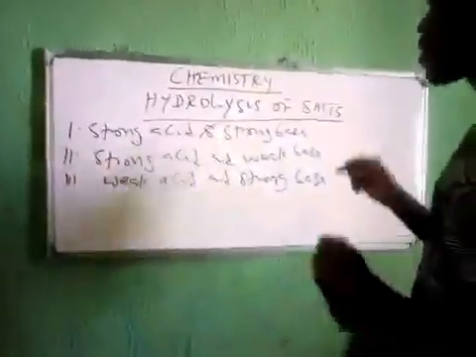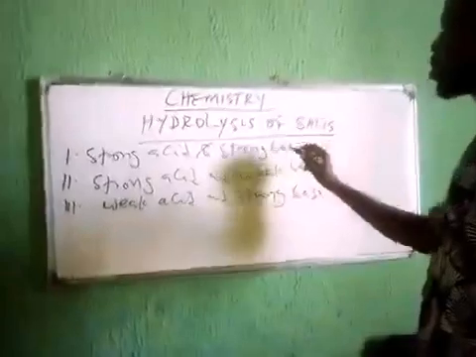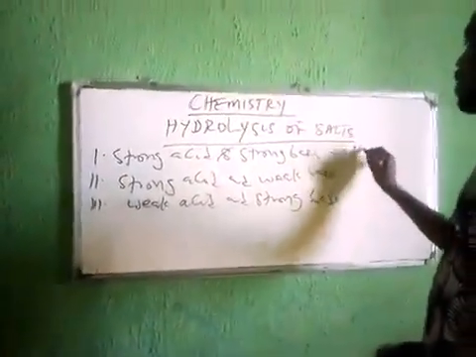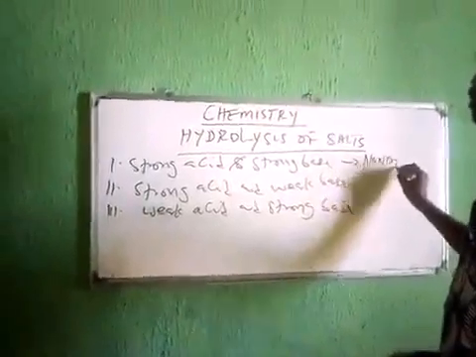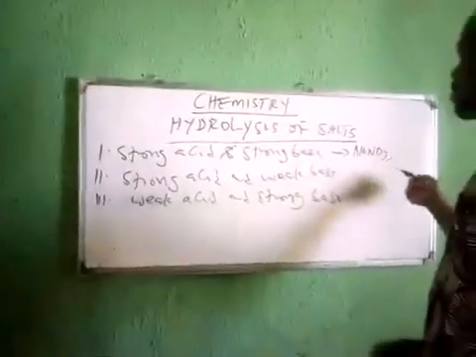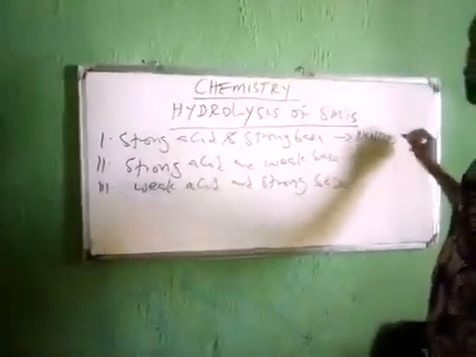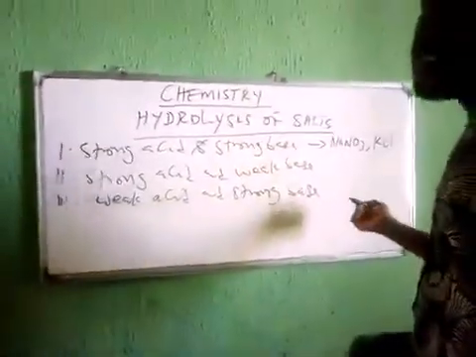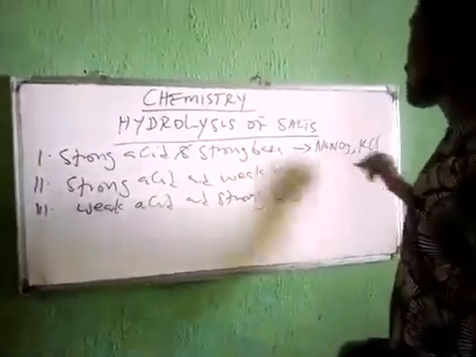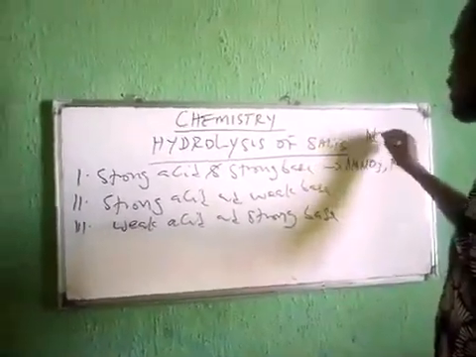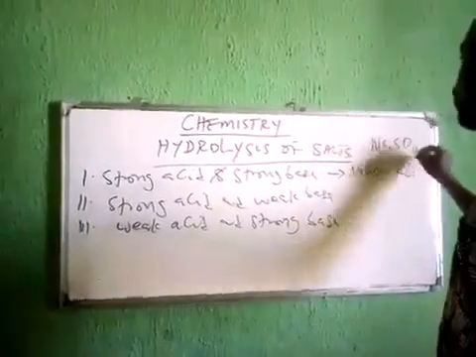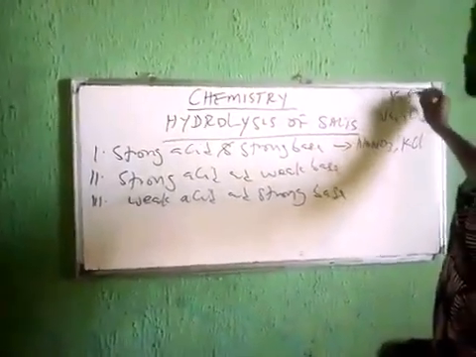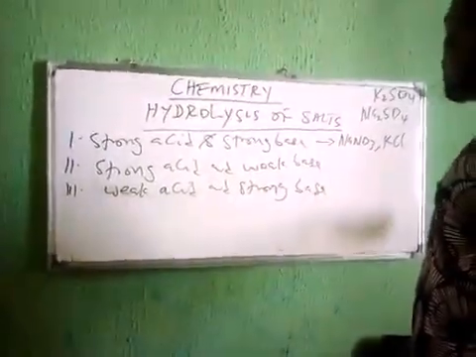Now, when you're talking about strong acid and strong base, the salts are stuff like KCl, NaCl, Na2SO4, K2SO4, and so on.